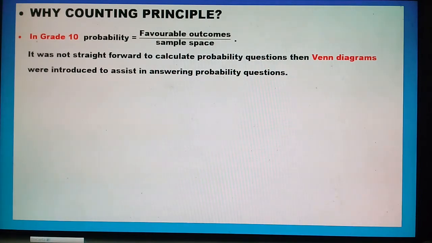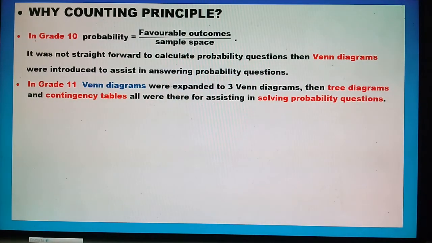We needed a certain tool to help us in calculating the probability, and that tool was the Venn diagram. In Grade 11, Venn diagrams were expanded to 3 Venn diagrams, and tree diagrams and contingency tables were also introduced to assist us in solving problems in probability.